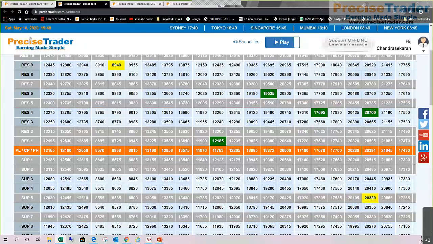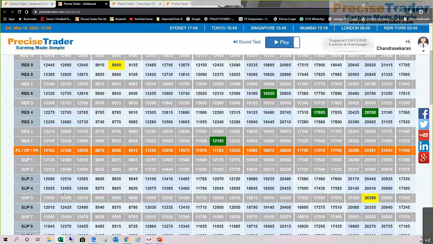Before that, we also see oversold on the hourly, which means we may see a slight pullback, but eventually the market will test the lows.